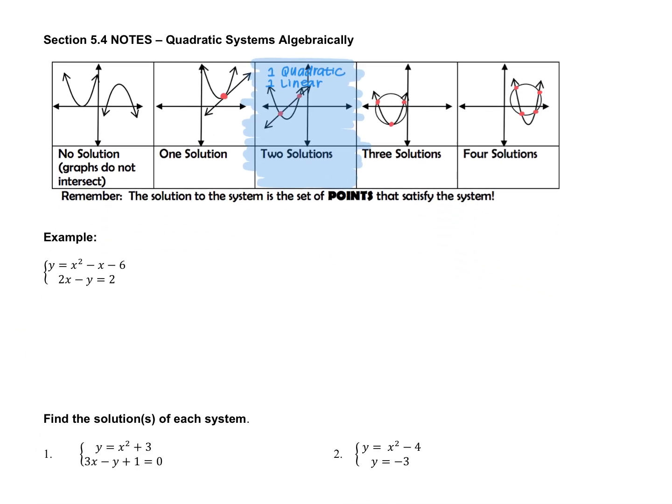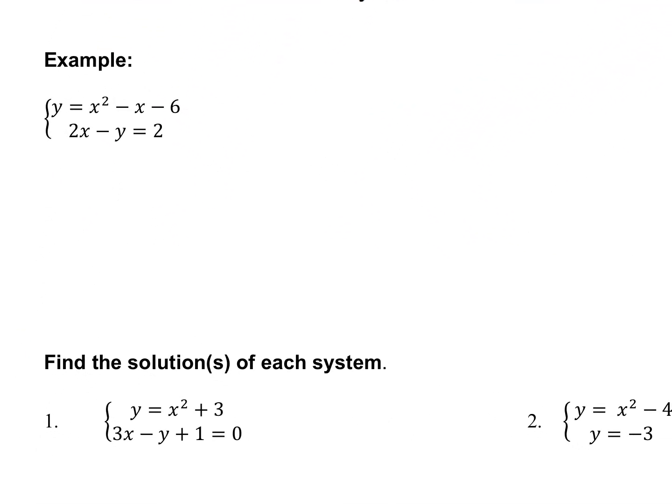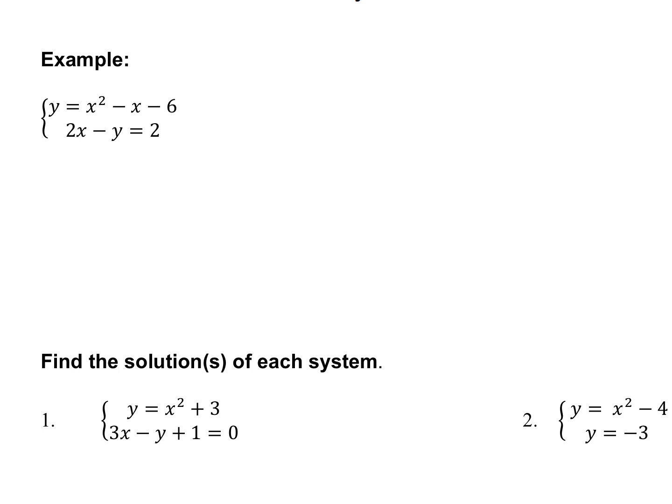So if we look at number 1, or this first example, see how I have a quadratic, y equals x squared minus x minus 6, and then I have a linear equation. No, we're not going to do elimination.